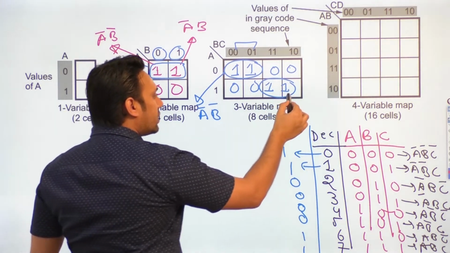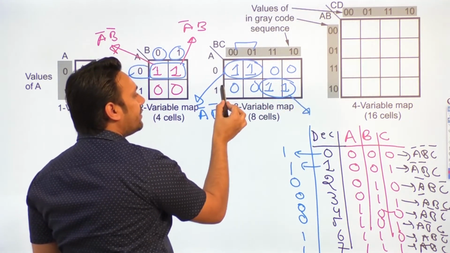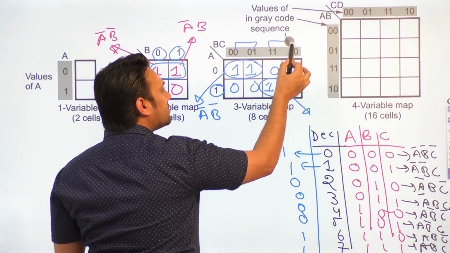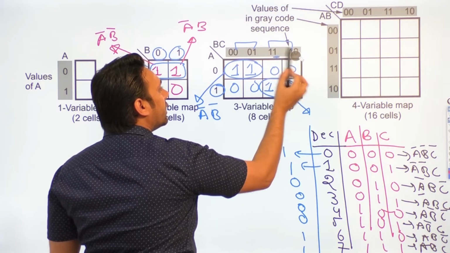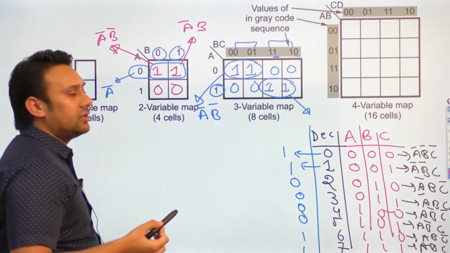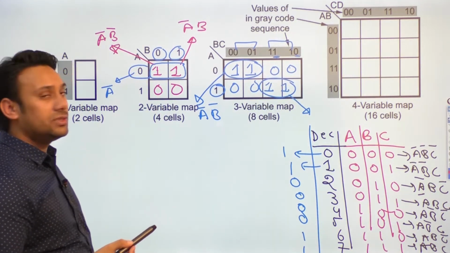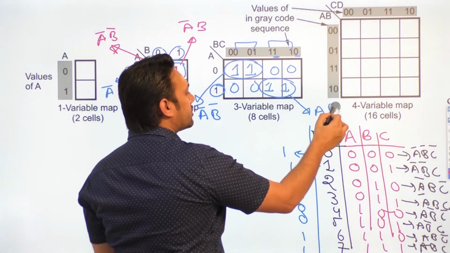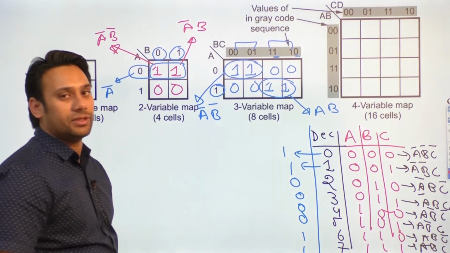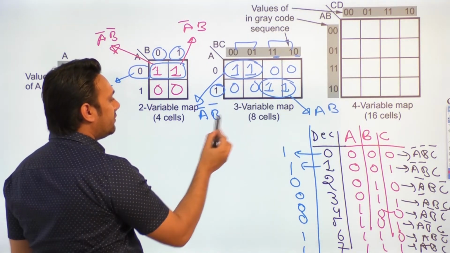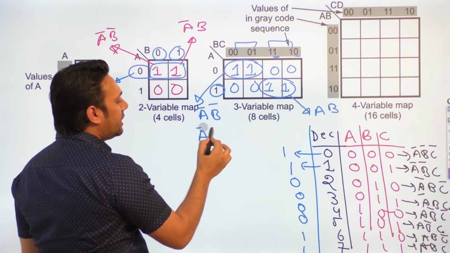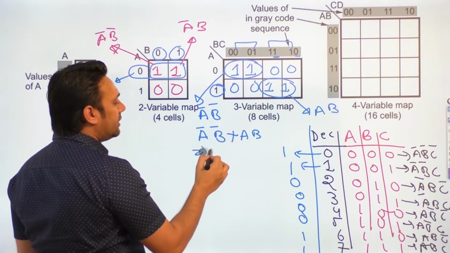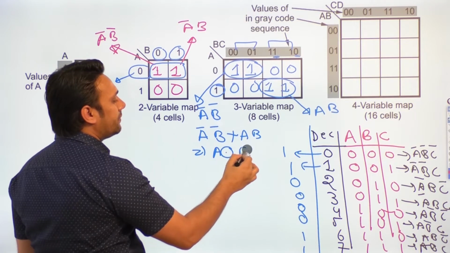In the same way, if you look at this combination here, A is remaining the same, the value of A is only 1, and the value of B is also the same, only the value of C is changing. Therefore I can write this combination as AB. मैं इस combination क्या लिख सकता हूँ यहाँ पर? AB. Therefore if I represent this with the help of an expression, this will be A complement B complement plus AB, which is representing A XNOR B.